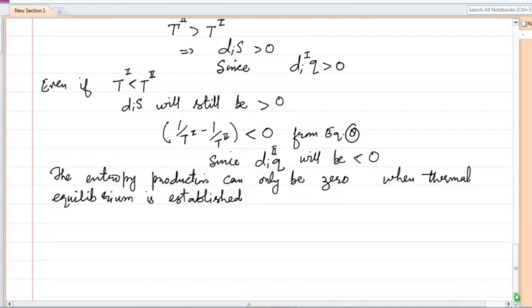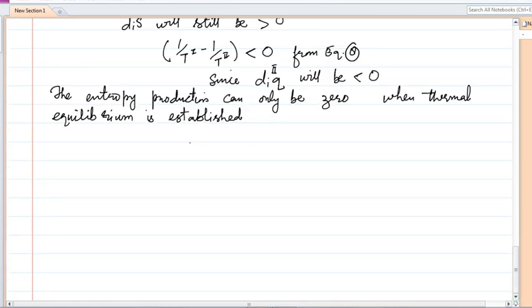So in terms of temperature, T1 will be simply equal to T second.